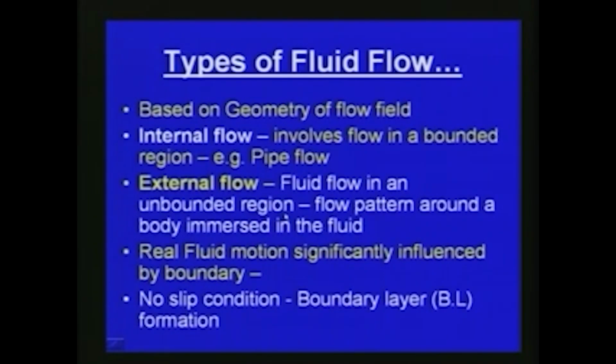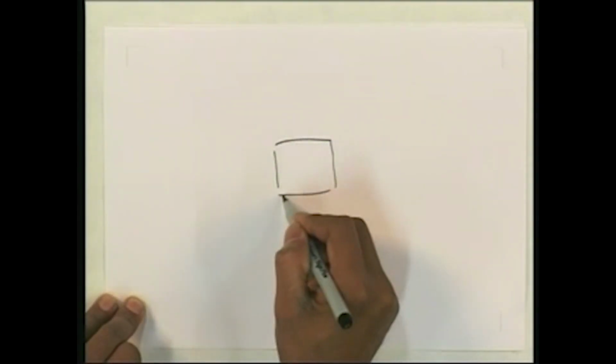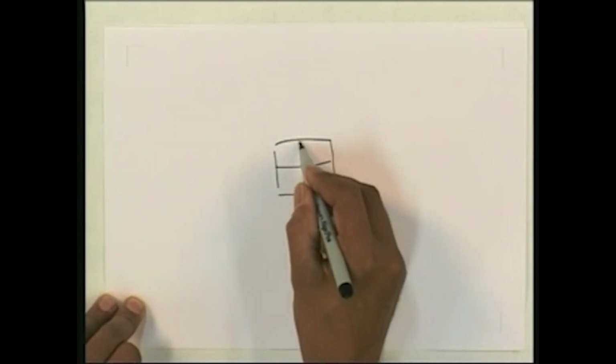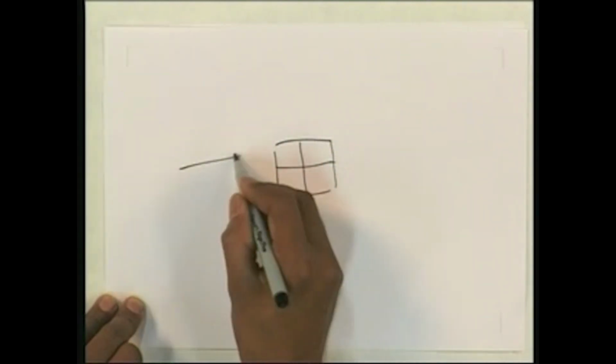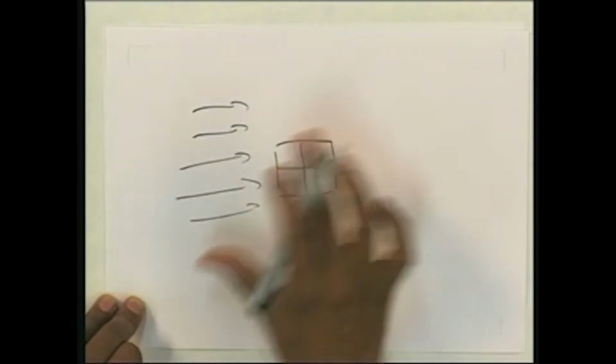Now the other classification based upon the geometry is the external flow. Here the fluid flows in an unbounded region. It can be, just like, a flow pattern around a body immersed in the fluid. For example, when a building is concerned, if the wind comes, you can see what happens surrounding the building.